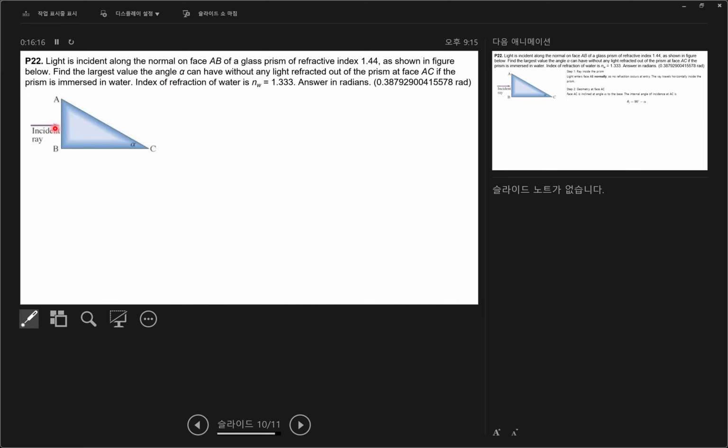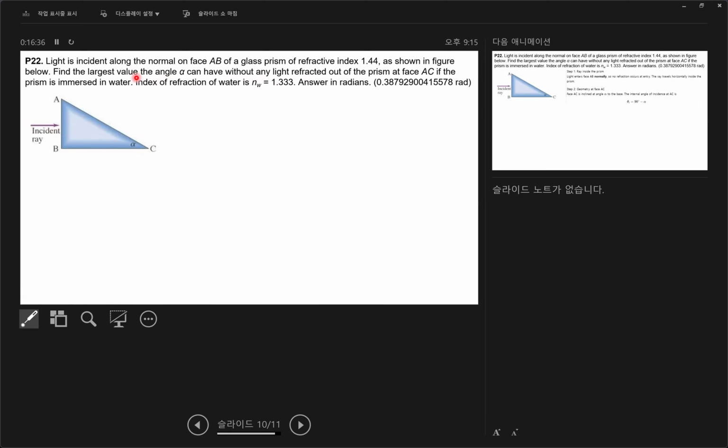What it means is that there should be total internal reflection. So the important thing is that you need to understand total internal reflection first of all.